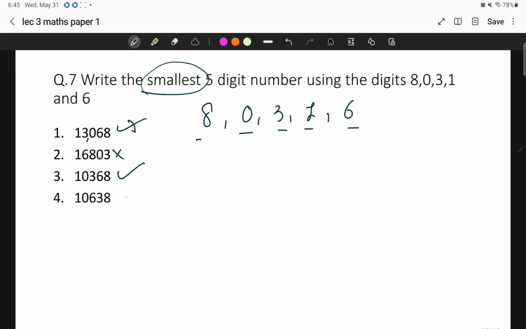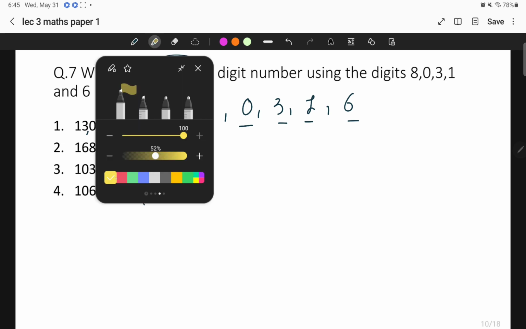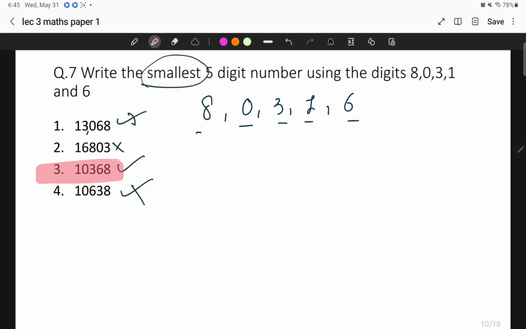Now between the third and the fourth option, the competition is between these two. The third is 10,368 and the fourth is 10,638, which is larger than 10,368. The smallest 5-digit number which can be made out of these 5 digits is 10,368. So option C is the correct answer for the given question.